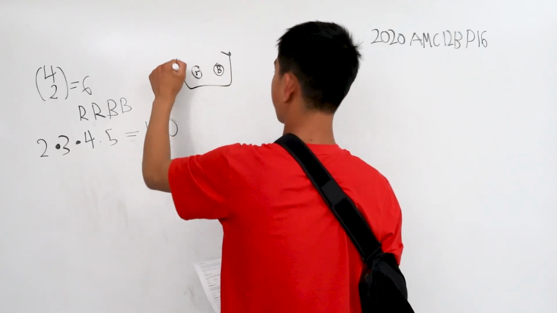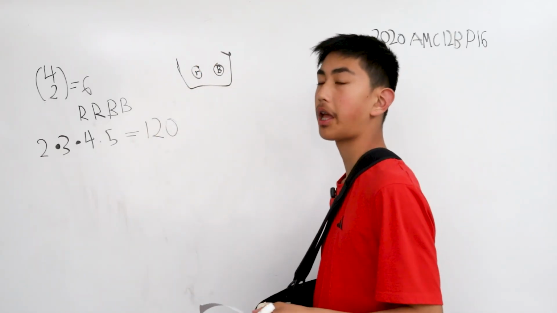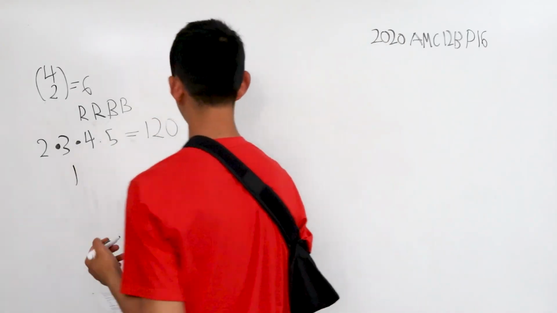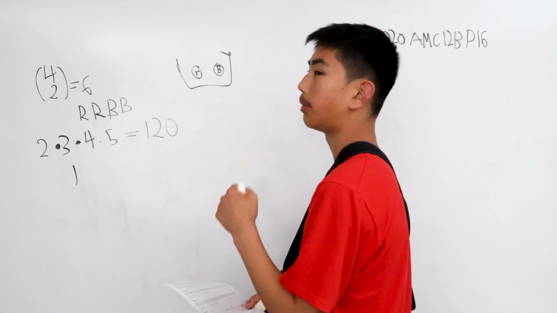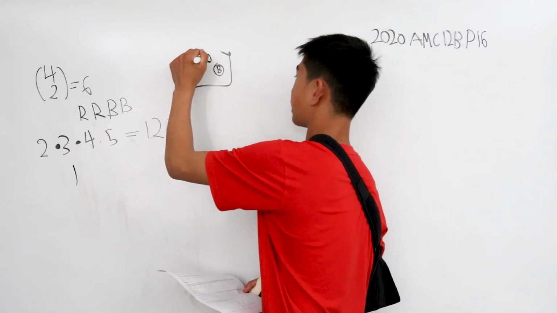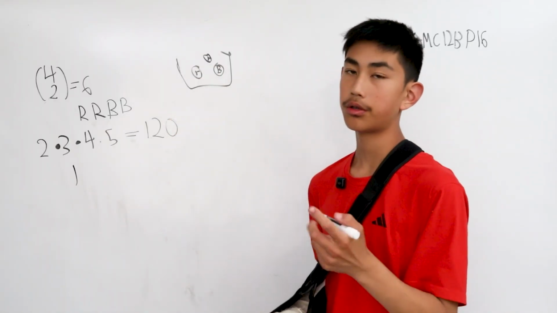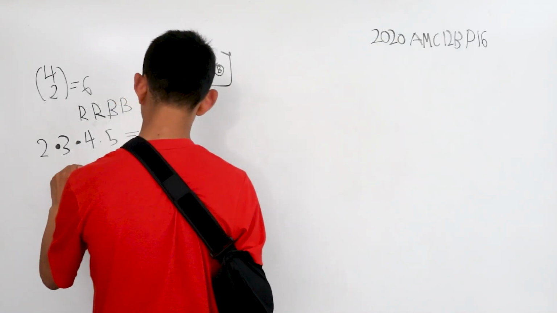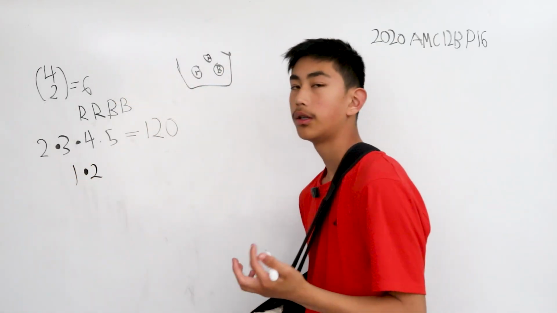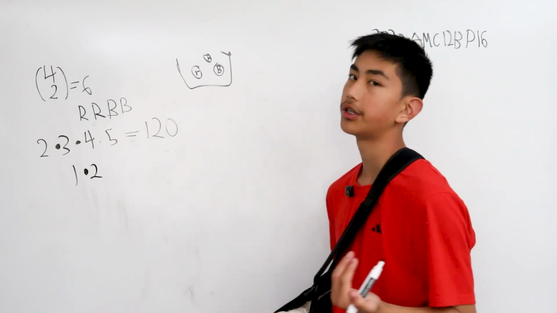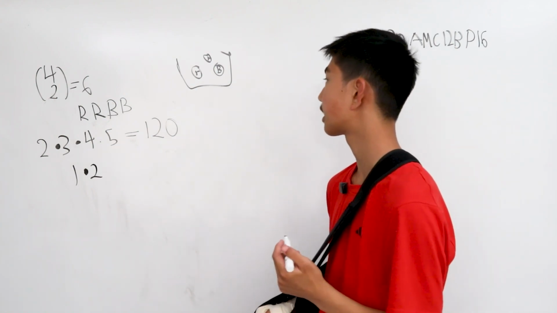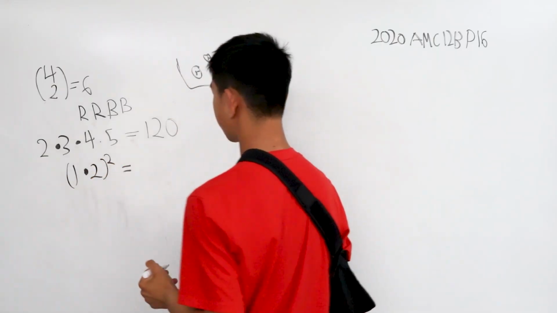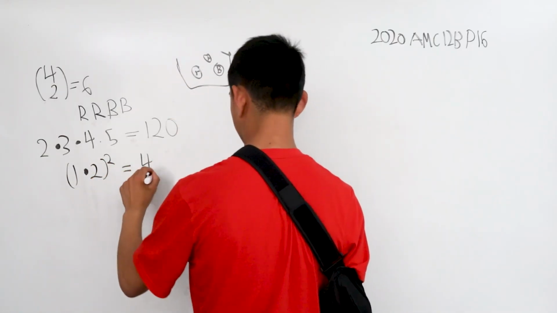We know in this case that we're going to draw out the red, but there's only one of the red balls, so only one. But when another red ball gets added into the bin, there's 2 red balls you can draw. So this is 1 times 2. And once you've drawn the second one, you get 3 balls in there, which is desired. And the same goes for the blue, so you square this value. 1 times 2 squared is simply 4.